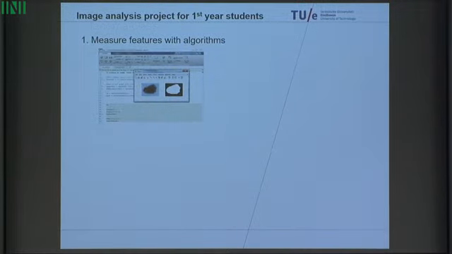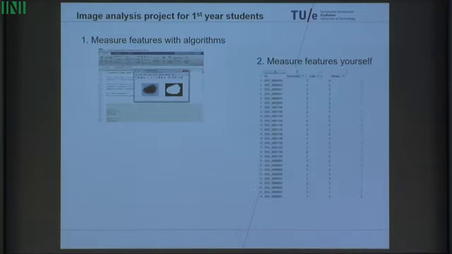So their assignment was to measure several features with algorithms, but also to measure these features by themselves, to have some kind of comparison, since the ground truth I have is only if it's healthy or melanoma. Perhaps it's more interesting to measure, like, okay, does our algorithm indeed find that the lesion is asymmetric?